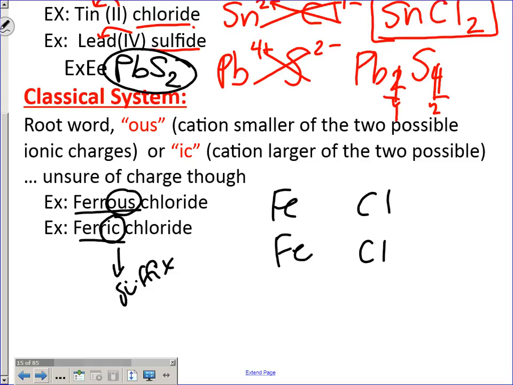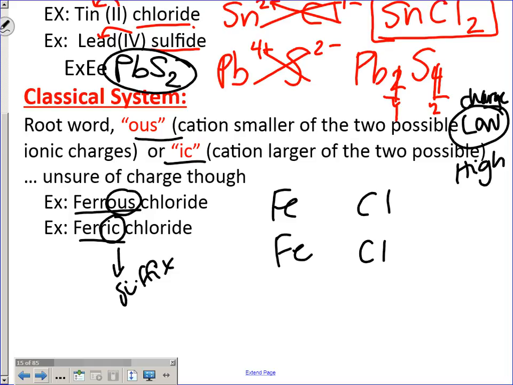What were the 2 charges that were optional for iron? 2 and 3, okay? So because you know 2 and 3 are my options, the -ous is the low. -ous is the low one. -ic is the high one. I have to make up stupid things to help you guys, okay? So -ous is the low, -ic is the high of the charges that we had as our options.